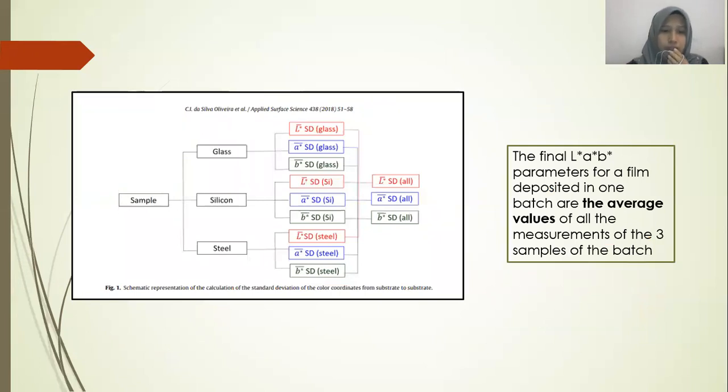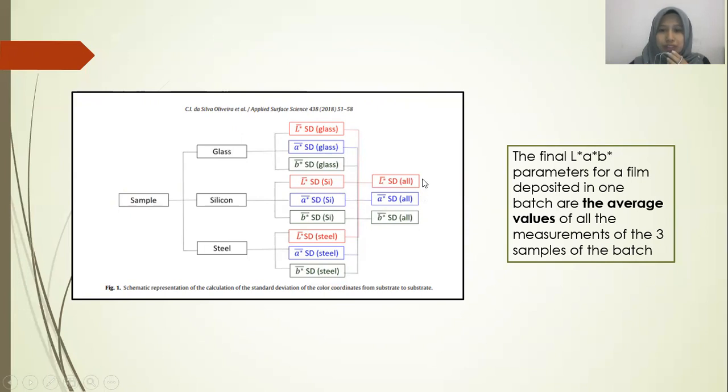Based on this schematic representation, this is how to calculate the standard deviation of the color coordinates from substrate to substrate.